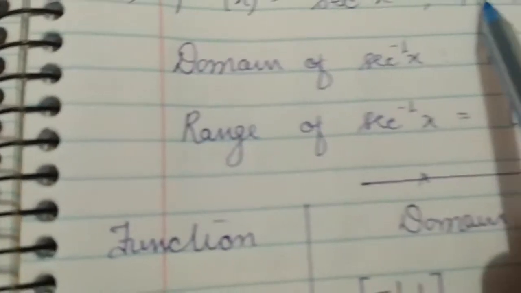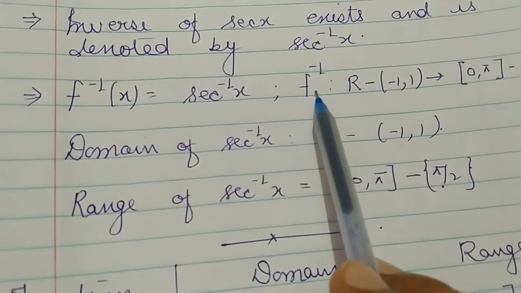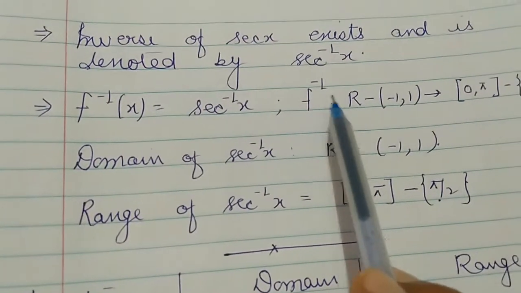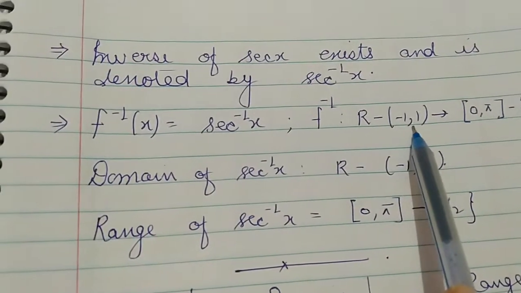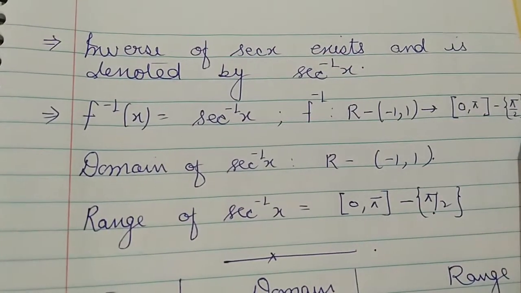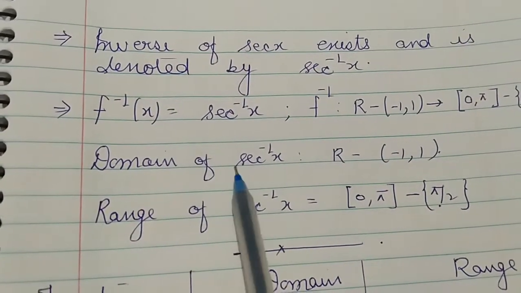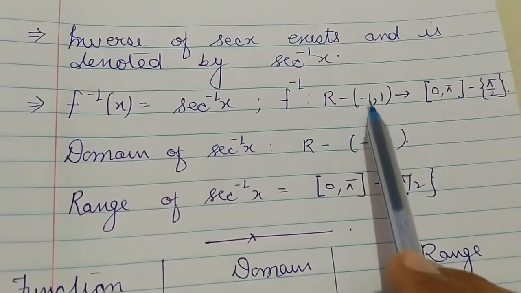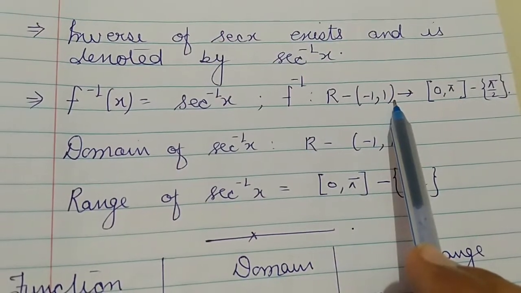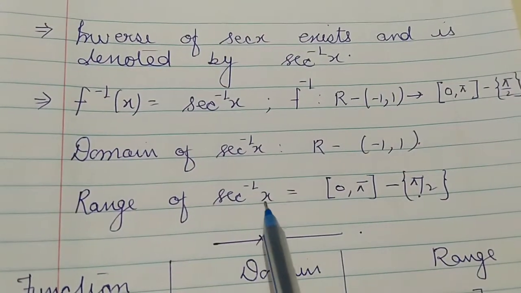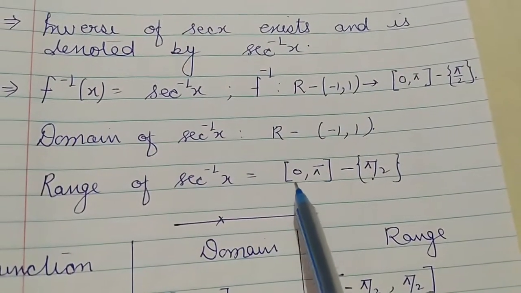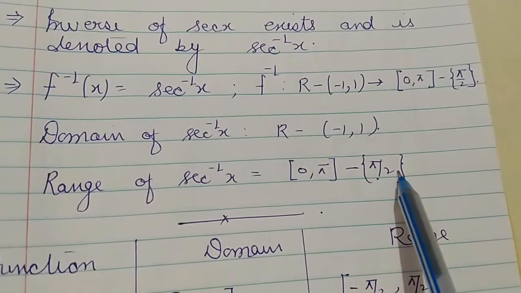Therefore, the inverse of sec x is defined from this set to this set. Finally, we can say that the domain of sec inverse x is R minus (minus 1 to 1), and the range of sec inverse x is 0 to pi minus pi by 2.